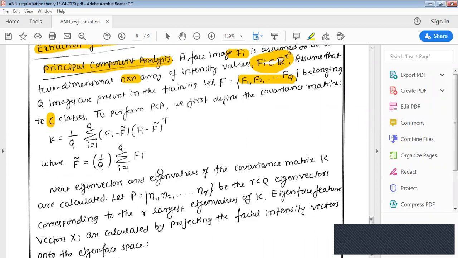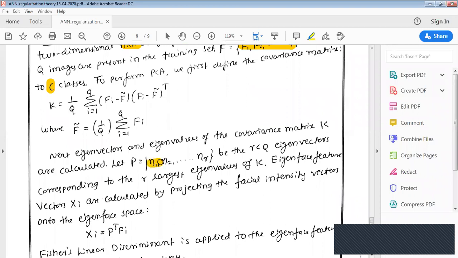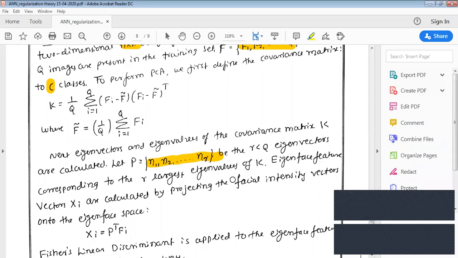Once we take this value, we calculate the eigenvectors and eigenvalues of the covariance matrix. We name those eigenvectors n1, n2, n3 up to n gamma. The eigenvectors which are large in magnitude correspond to the specific features of the faces, and we neglect the eigenvectors with very small values.